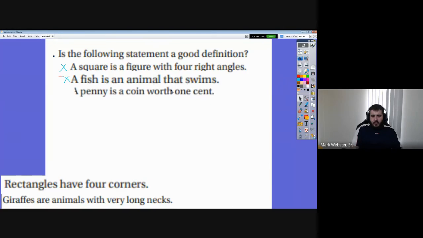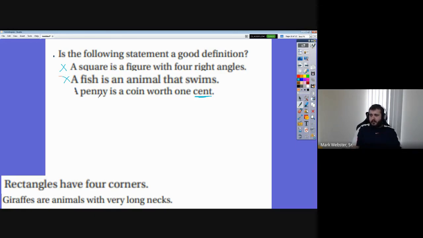How about this one? A penny is a coin worth 1 cent. Yeah, that works, right? Now, the key here is we're talking about the word cent. A cent only has meaning in American currency, right? So no other thing that is worth 1 cent exists besides a penny.